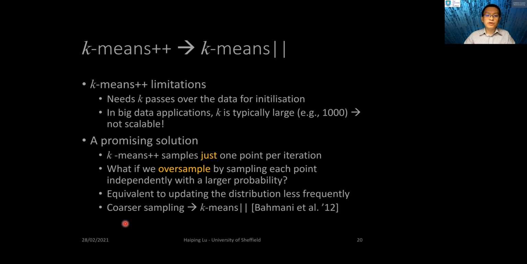It is a kind of coarser sampling, and this leads to the k-means parallel algorithm, which was proposed about 9 years ago, in 2012. Both k-means plus plus and k-means parallel, the authors are from Stanford. So they are from the same university, but it takes 5 years to go from plus plus to parallel.